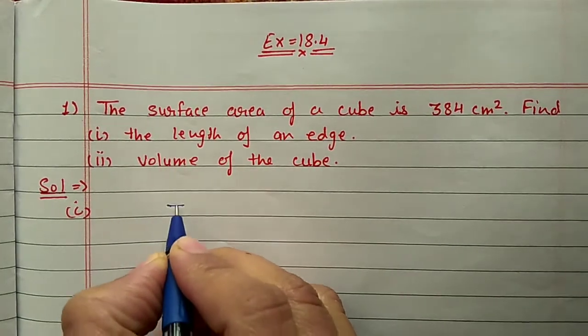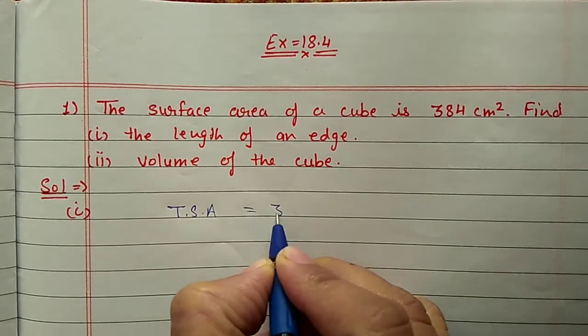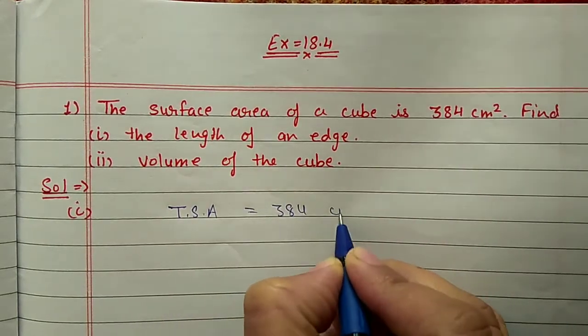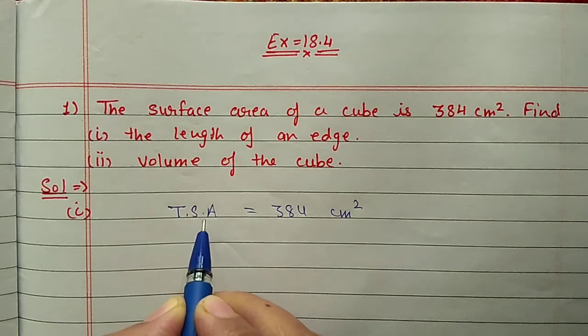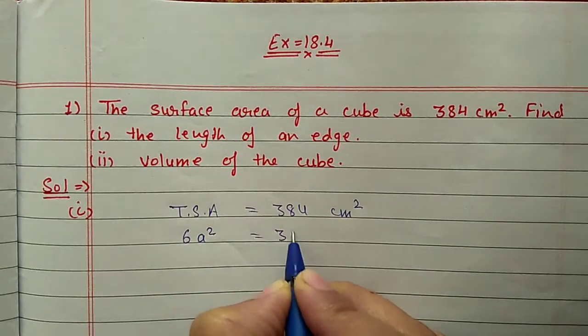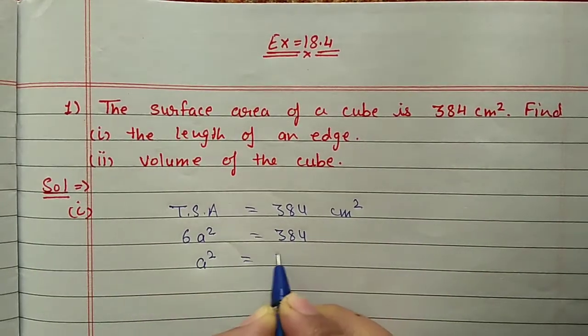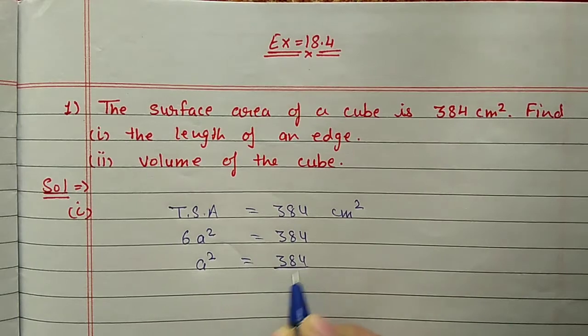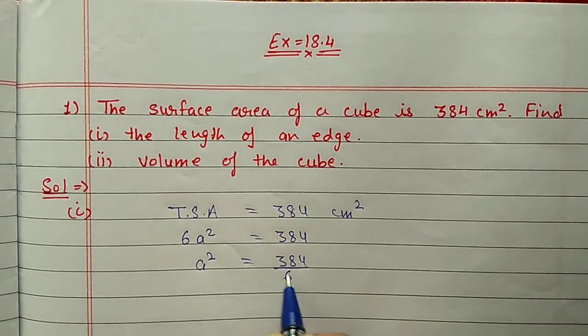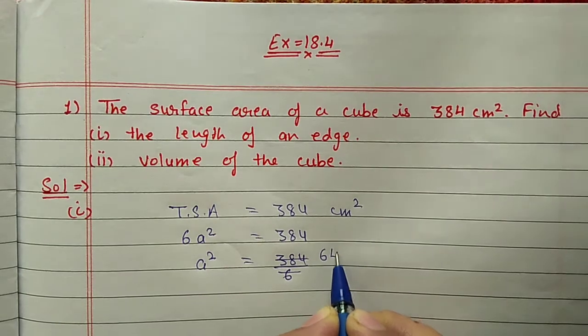So total surface area of a cube is 384 centimeter square, and the formula is 6a square for a cube, which is equal to 384. 6 we can shift to the other side, it will go for division, cancel out: 6 sixes are 36 and 6 fours are 24.